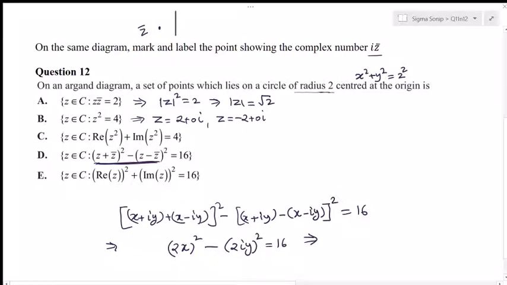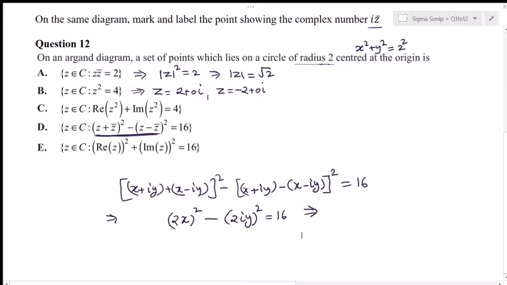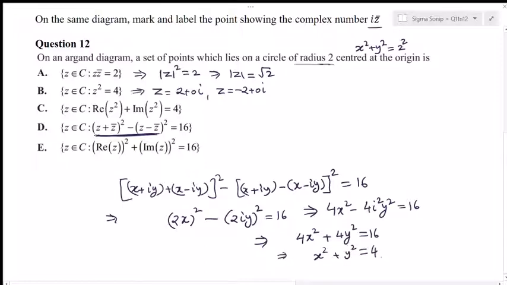That gives you 4x square minus 4 iota square y square equals 16, and that gives you 4x square plus 4y square equals 16, which gives you x square plus y square equals 4.